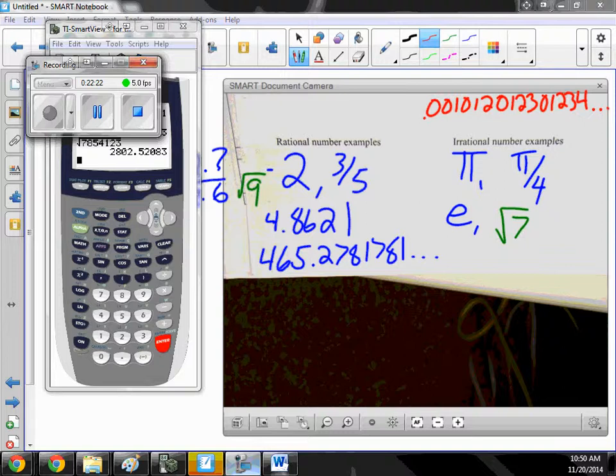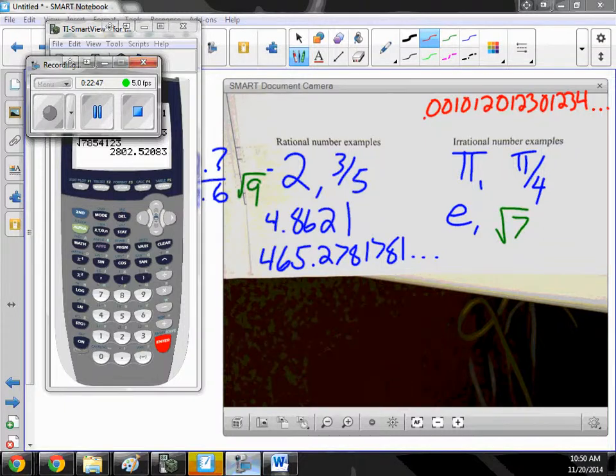It's not repeating. The pattern's getting bigger every time. So this pattern will continue forever. Will there be one set of numbers that happens forever? No. So something like that, just because it has a pattern does not mean rational. The pattern actually grows, and that would be irrational.